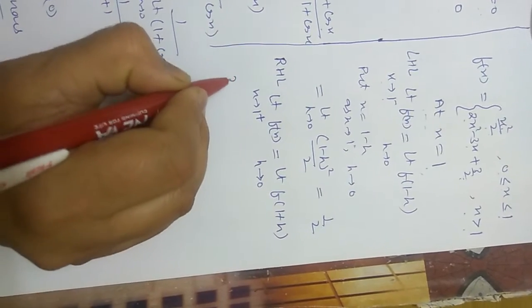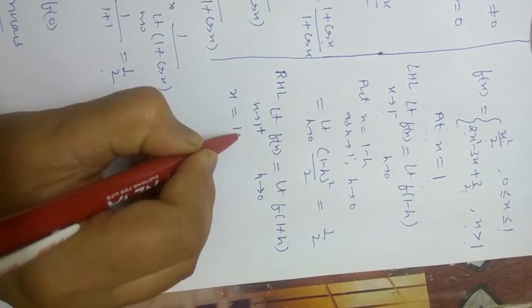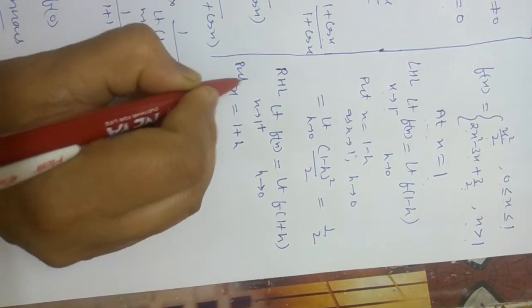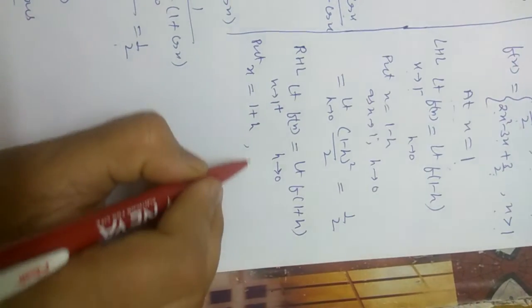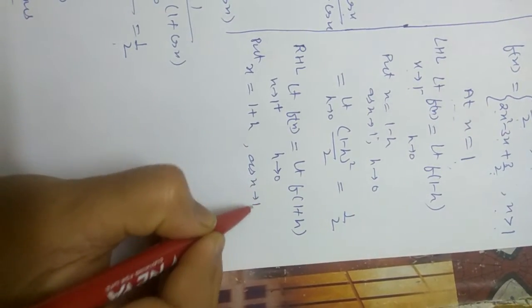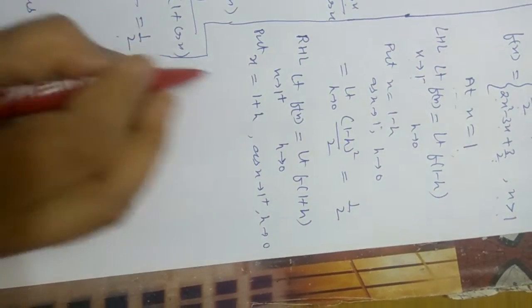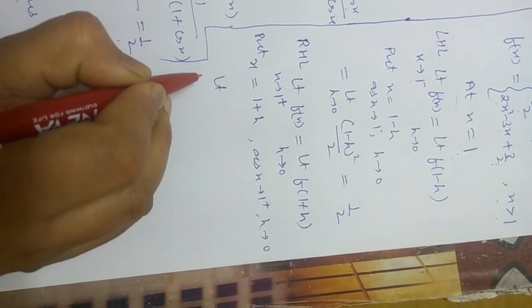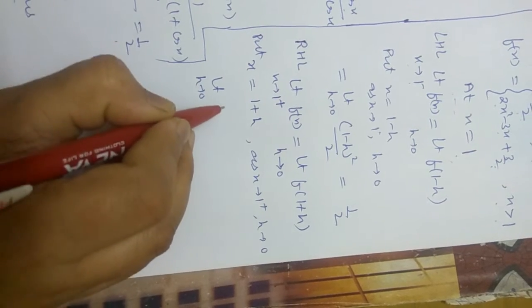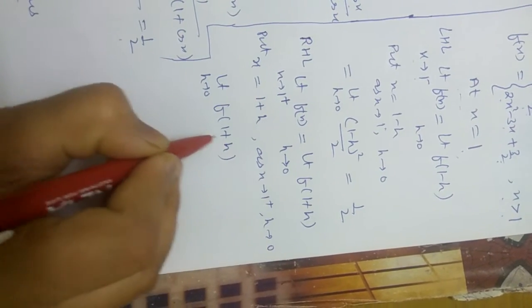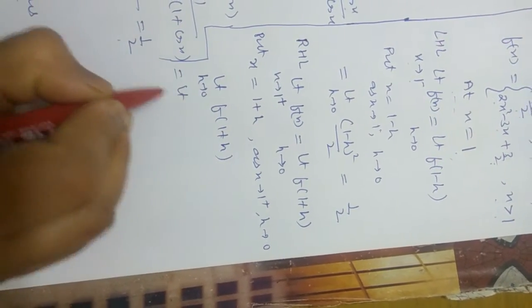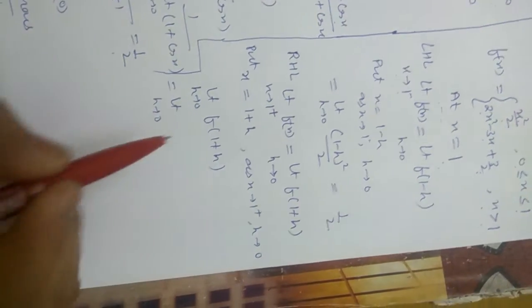And now what will be the substitution here? We have to substitute for right hand limit x is equal to 1 plus h. Put x is equal to 1 plus h. As x tends to 1 positive, h tends to 0, and therefore it becomes limit h tends to 0 f(1 plus h). For f(1 plus h), we have to substitute this value 1 plus h.